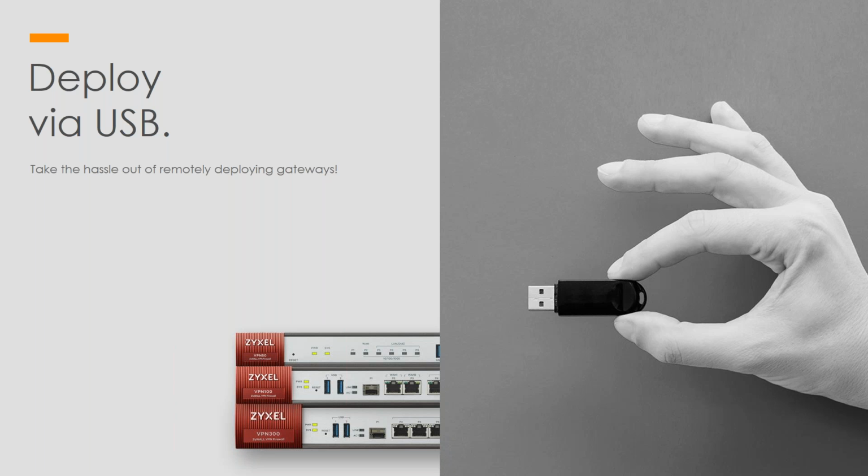So you send an email from the Nebula Orchestrator once you create your organization and your settings, and as an email attachment you have the auto-runnable configuration file, and then you just plug in the USB stick to your gateway and it will automatically get those settings from there, and there is no manual labor needed whatsoever, and of course less competent installers can also do this on site.